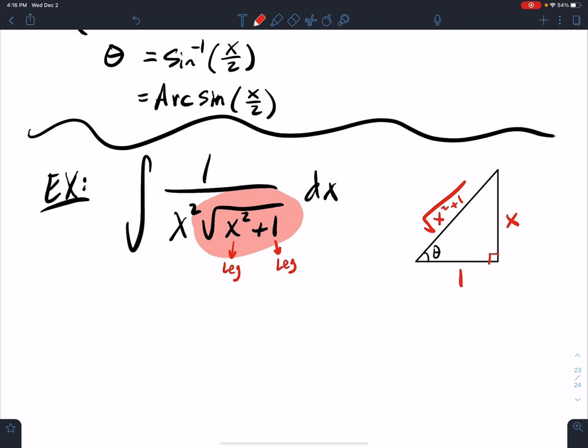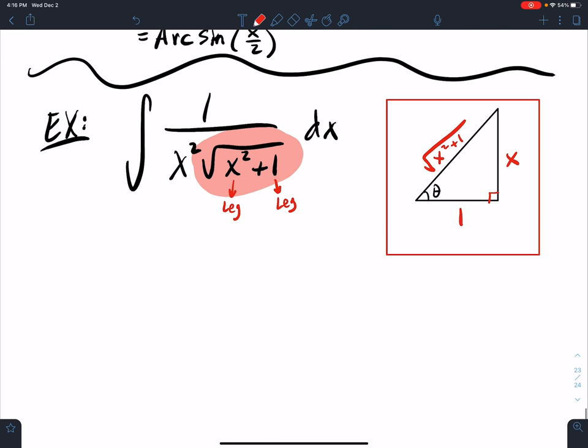Now all we've got to do is use our trig dictionary and figure out how to substitute. So what do I have? I have 1 over x squared I need to get rid of. I don't see an x squared, but I do see an x, and I see a 1. What trig function can I use to relate those together? Tangent theta is equal to x over 1.